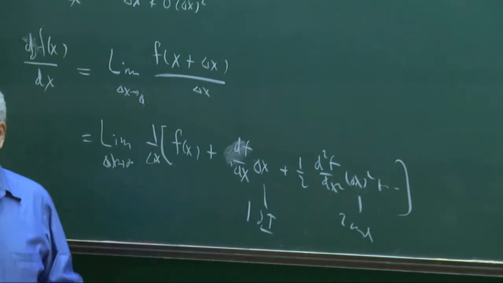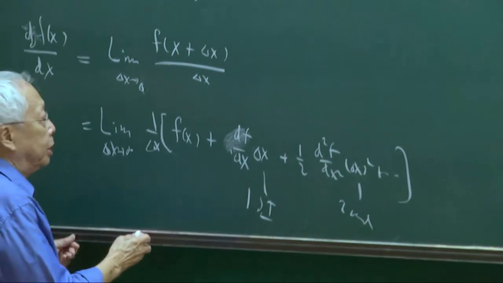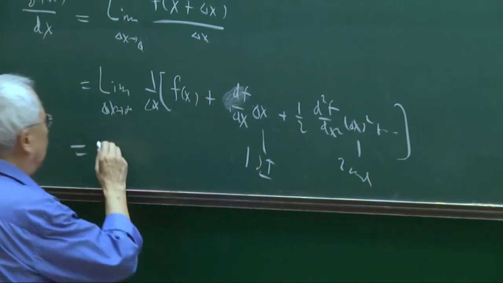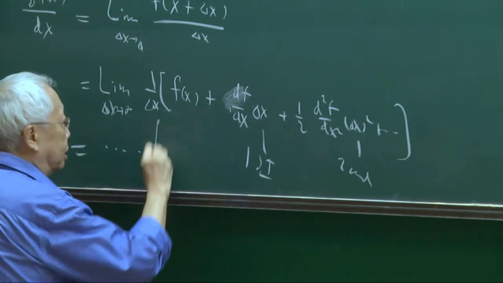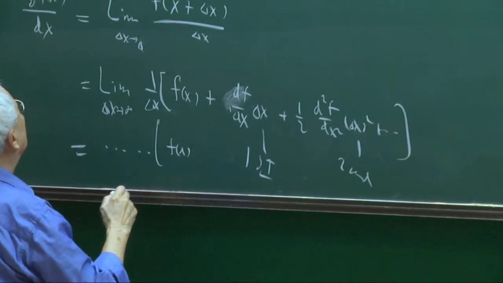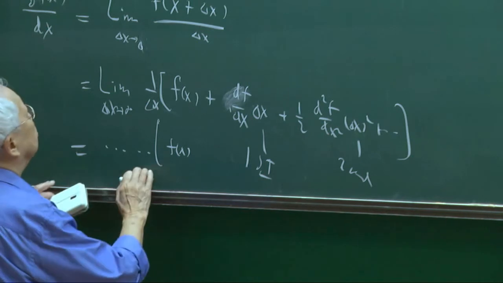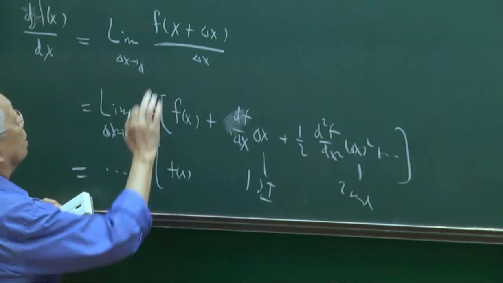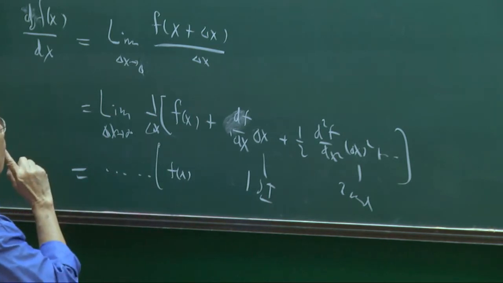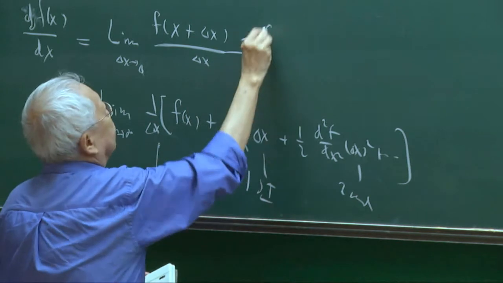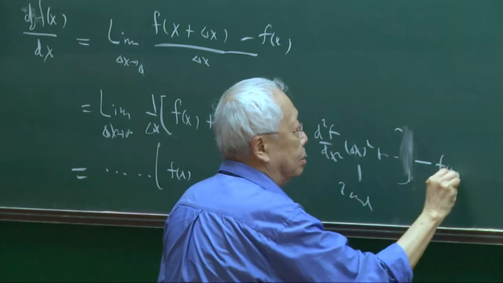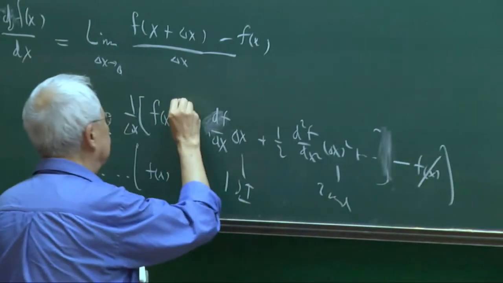Because you divide by delta x. I also have here a minus f of x, so these two terms cancel.